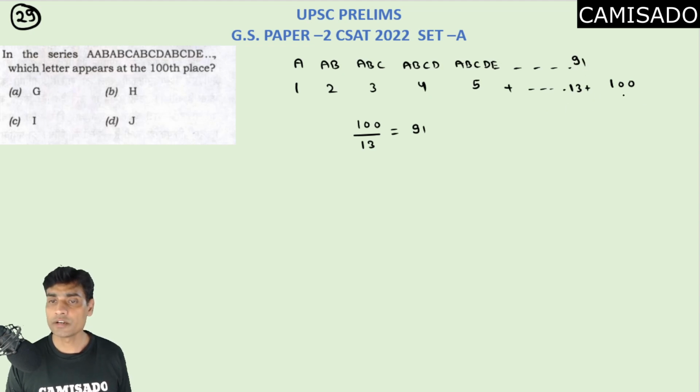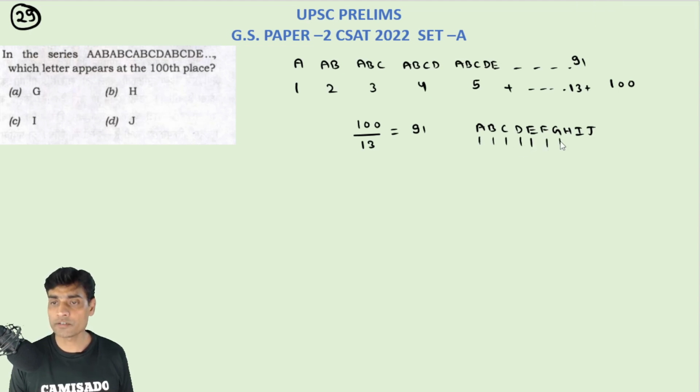After 91, 100 is required. So A, B, C, D, E, F, G, H, I. So 92, 93, 94, 95, 96, 97, 98, 99 and 100. So at the 100th place you will get I. So I will be the right answer. Next.